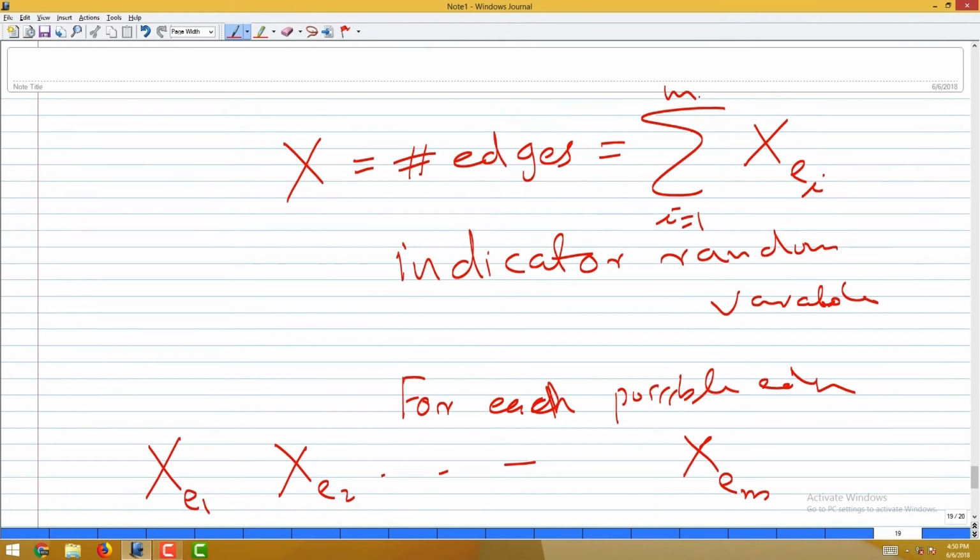Now, you know x is equal to the sum of these xei's, i equal to 1 to m, because if it is 0, it is not counting that edge, if it is 1, it is counting that edge. Now, when you want to find the expectation here, you can find the expectation of individual things and sum.